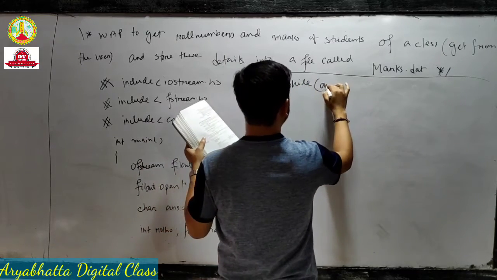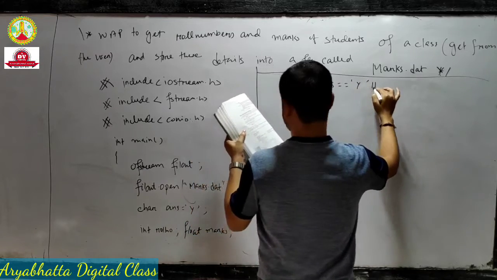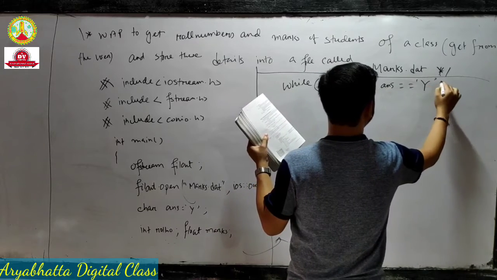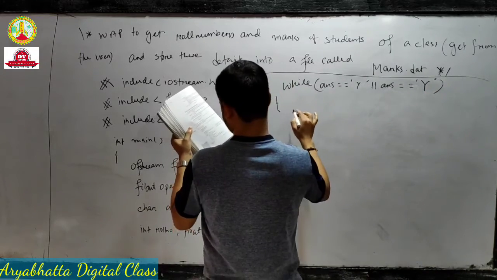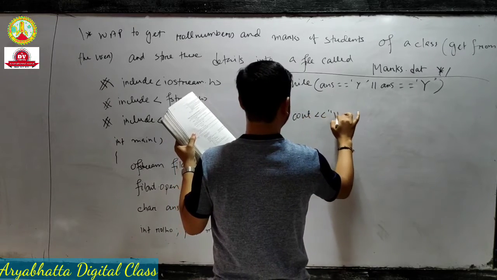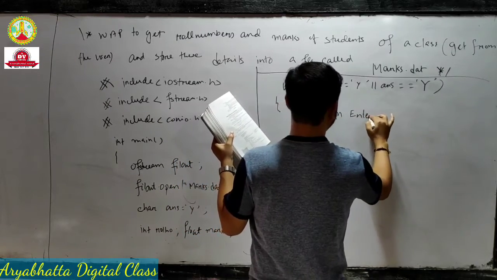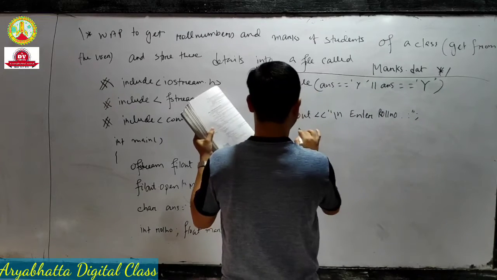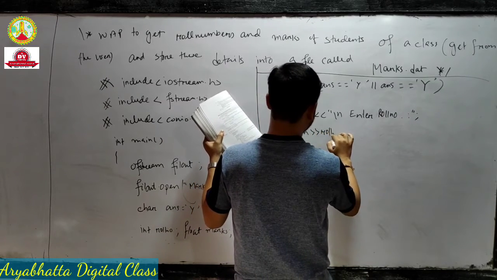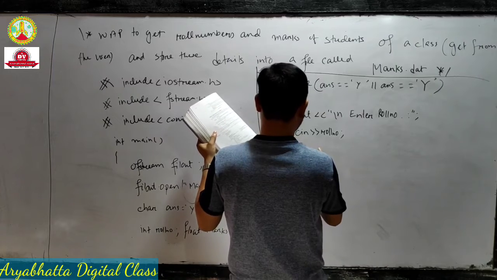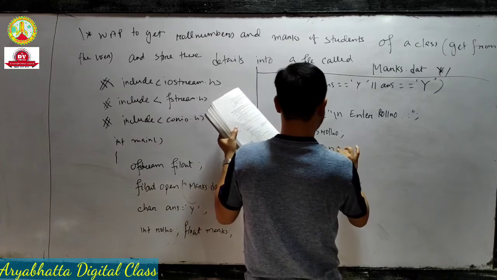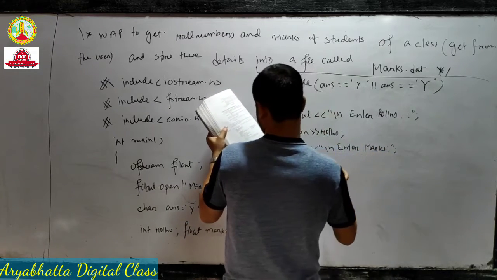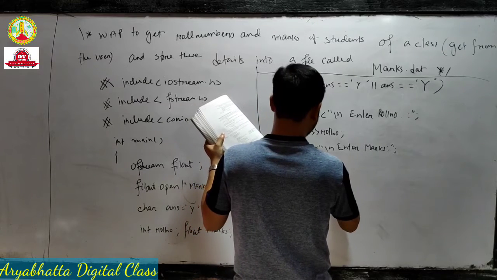After this, you write down while. Enter roll number. Enter marks.